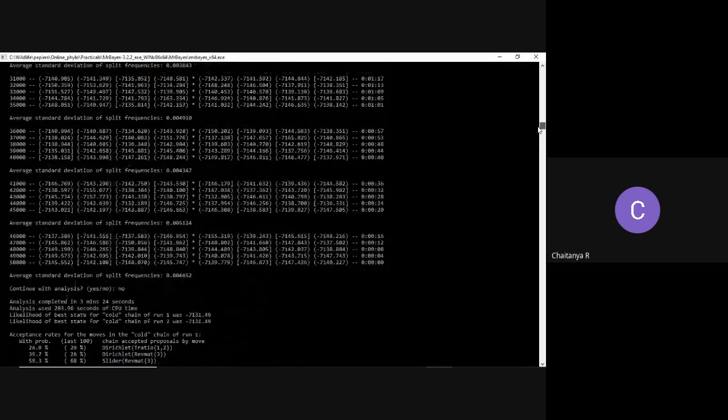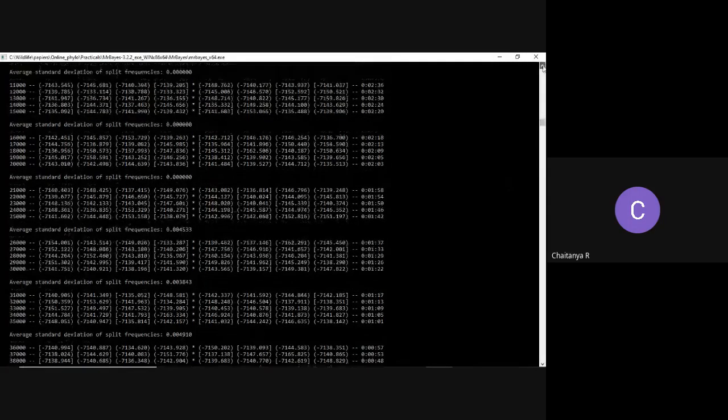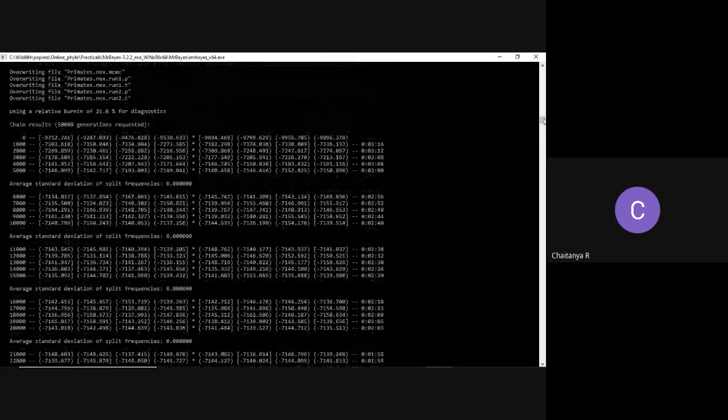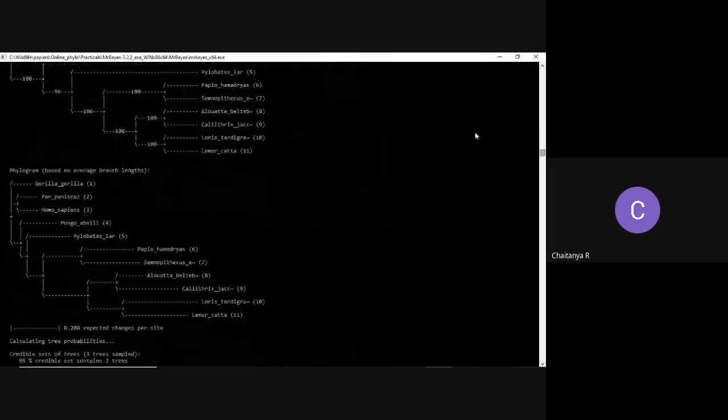But I think in our case it's 0 here. Wow. Okay, so in our case it was kind of good throughout. So just to be safe, let's discard the first 20% of the trees, and we build a summary tree and get the consensus trees, right?